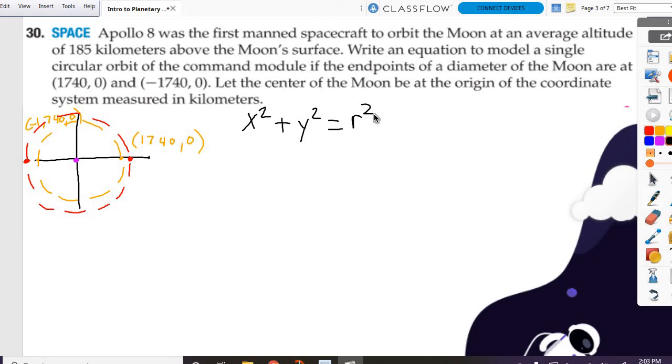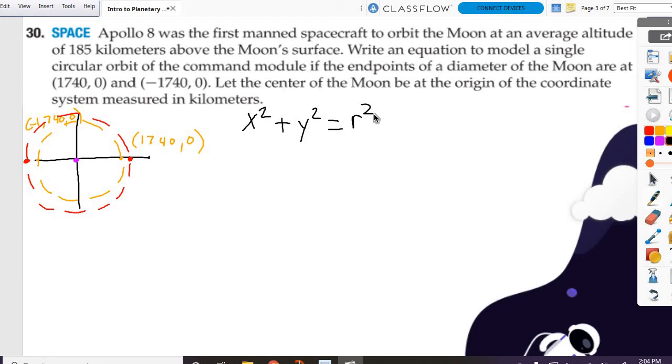And really, the biggest thing that we need to do here is notice that from my center to the edge of my moon is a distance of 1,740. But because we want to write an equation to model the orbit, we need to write an equation for the red one, which means we need to take into account that we have to be 185 more kilometers outside of our moon.